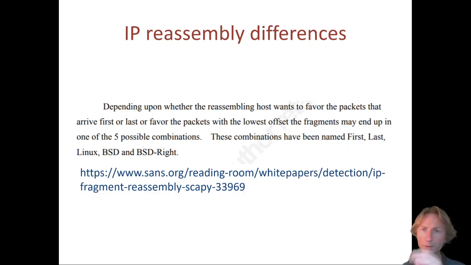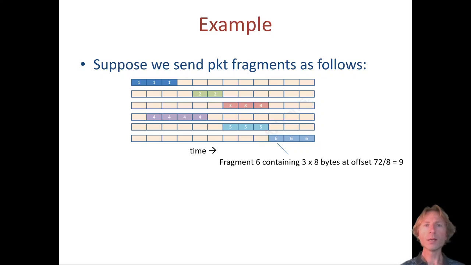I'm just going to very briefly look at the example that corresponds to that. In this case, we have an attacker that sends IP fragments as follows. Time is on the x-axis. We send the first fragment here at t equals 0, and the first fragment contains 3 times 8 bytes, starting at offset 0.